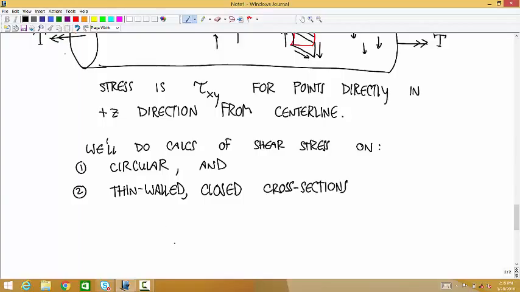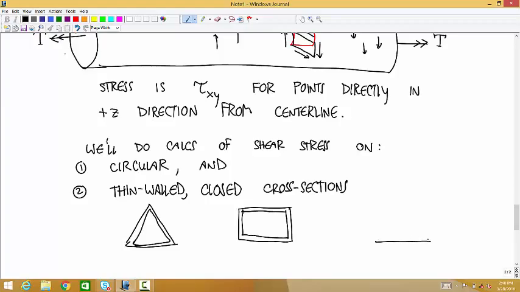So these would be like, we'll be able to do stuff for tubes like this or this. It doesn't matter if it's circular or not. But if the tube is solid, then it has to be a circular cross-section. We can't do this.